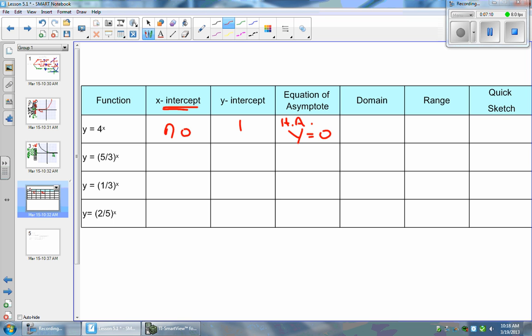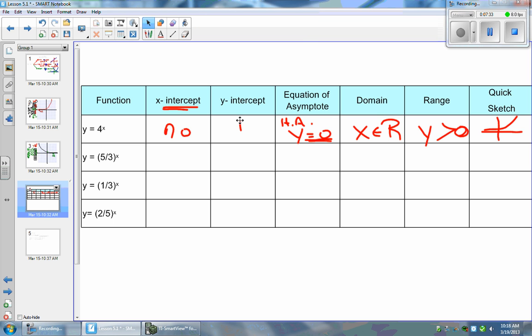Okay, what's the domain? Well, x can be anything you want it to be, but the range has to be above 0. It can't be equal to, it has to be greater than 0 because, of course, of your horizontal asymptote. And your quick sketch on this, of course, is going to look just like that.